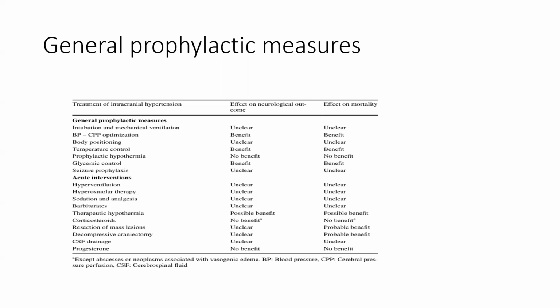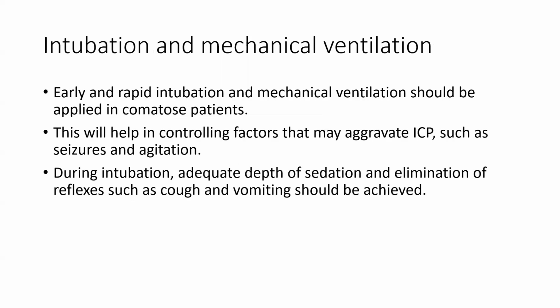Acute interventions are hyperventilation, hyperosmolar therapy, sedation, analgesia, barbiturates, therapeutic hypothermia, corticosteroid, resection of mass lesion, decompressive craniotomy, CSF drainage, and progesterone. So we'll see them one by one.